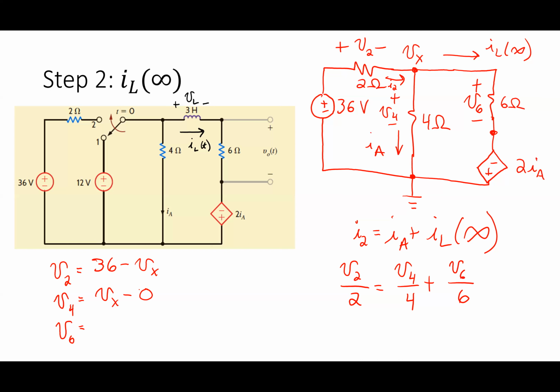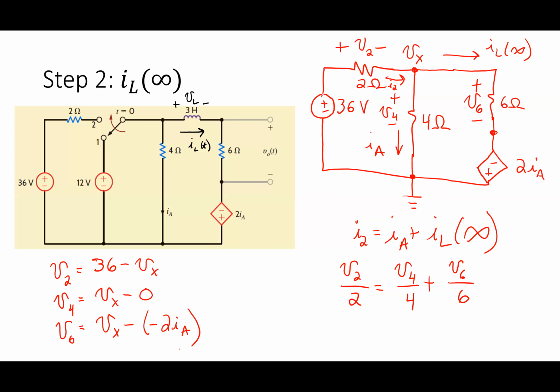What about for V6 right there? What's at his positive terminal? Vx. What's at his negative terminal? 2IA. Yeah, and this is the important thing. It's actually not 2IA. It's minus 2IA. So Vx minus 2IA, sorry.